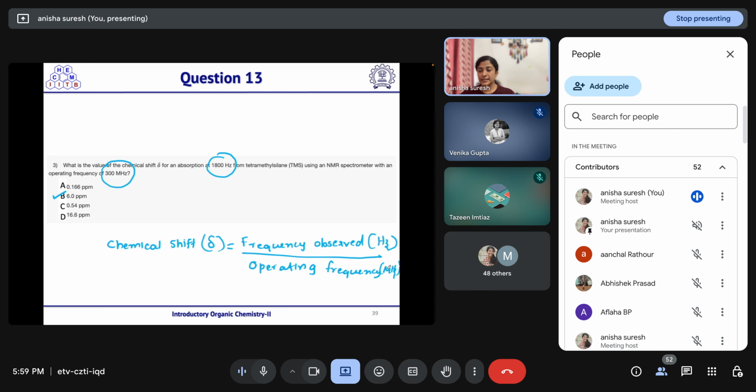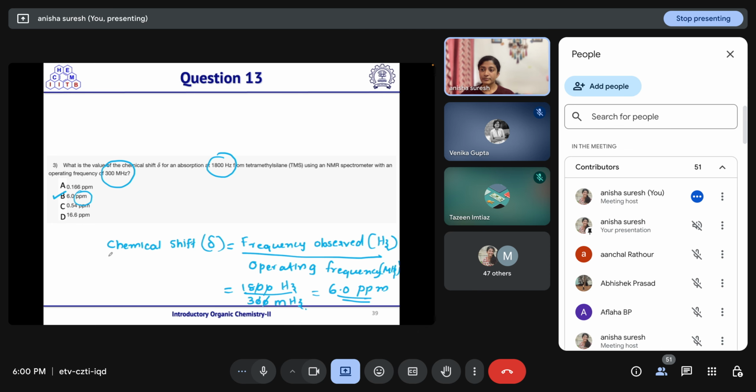And since this hertz will cut, and this 10 power 6 will be going like 10 power minus 6, the unit is coming as ppm. So here the frequency observed is 1800 hertz and the operating frequency they have given is 300 megahertz. So this will be coming like 6 into 10 power minus 6, that is 6 ppm.